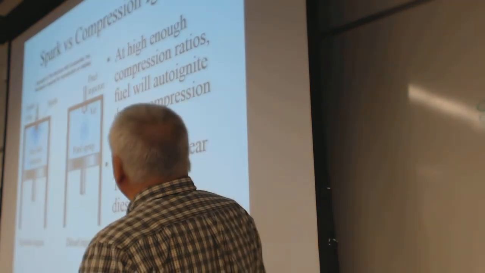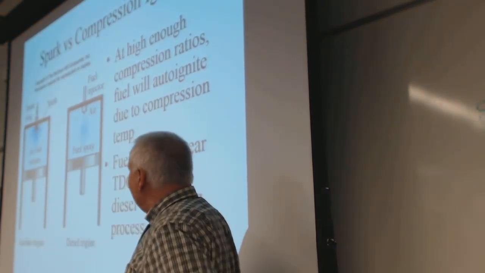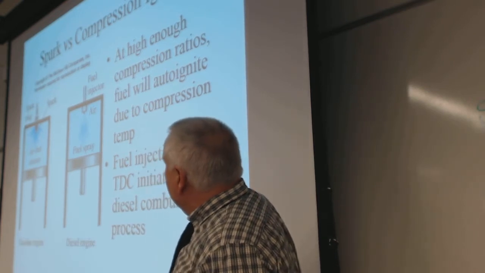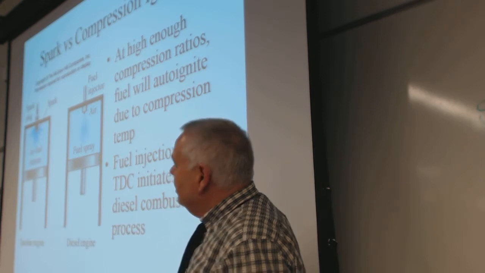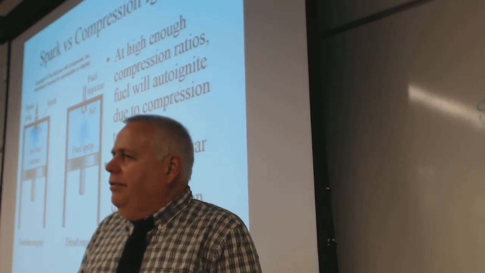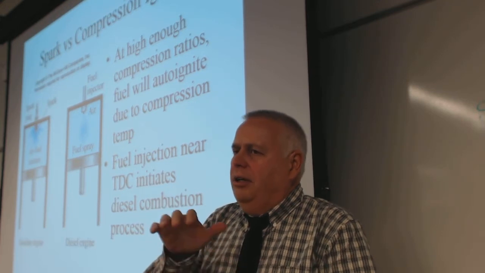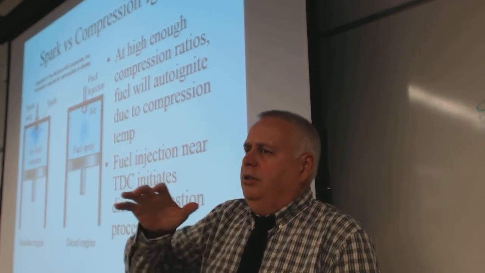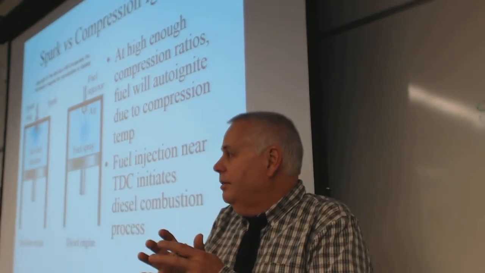Let's look at another engine type. What if we got a gasoline engine? If you have a high enough compression, you run into this pre-ignition problem. It starts to burn before it gets to the top because when you compress something, it gets hot.